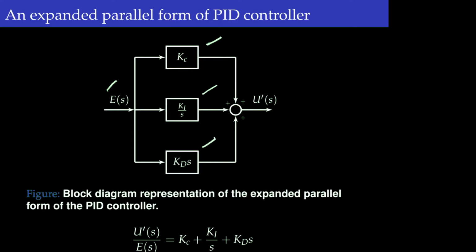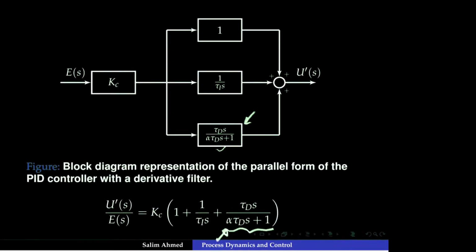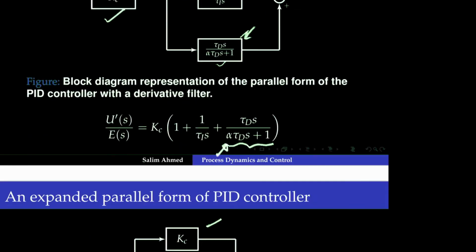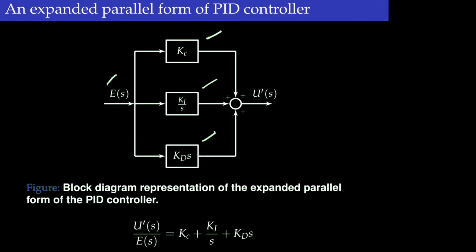Now Kc, Ki, and Kd can be chosen independently. In the parallel or the ideal version, we have seen that the choice of Kc will affect all of these three elements, proportional, integral, and derivative. However, in this expanded form, there is no constant that affects all the parameters.